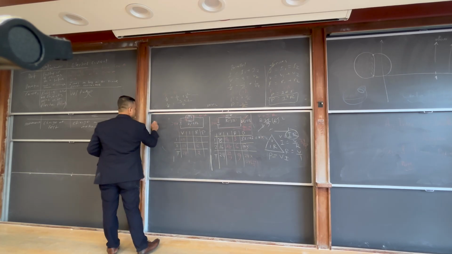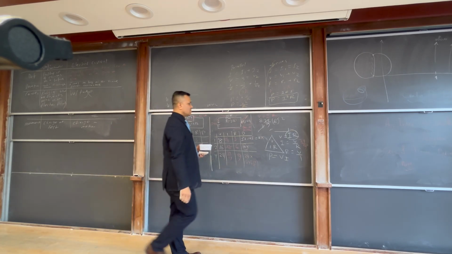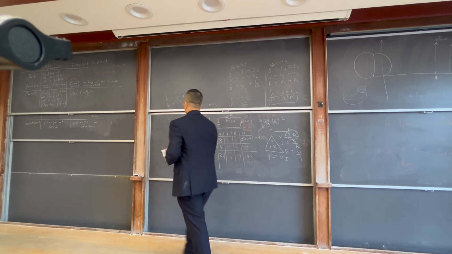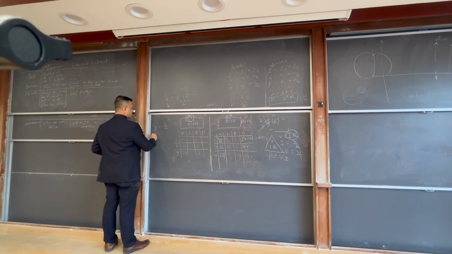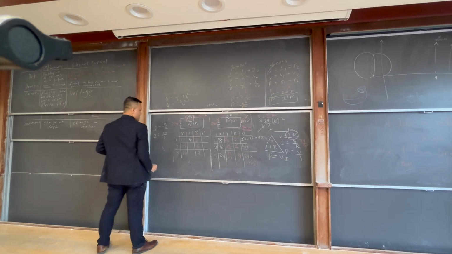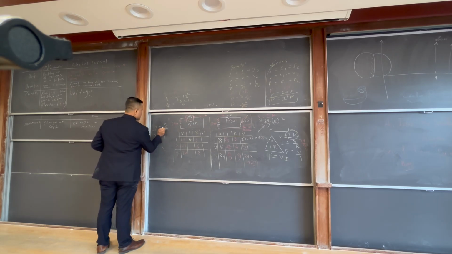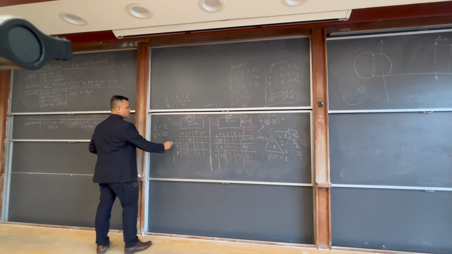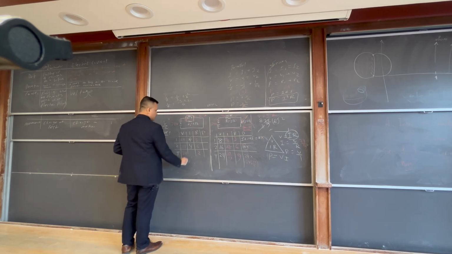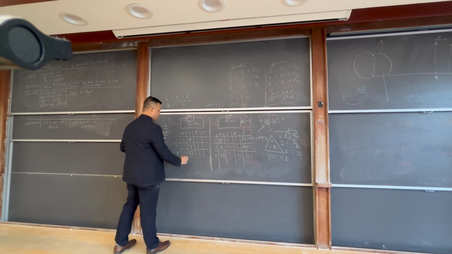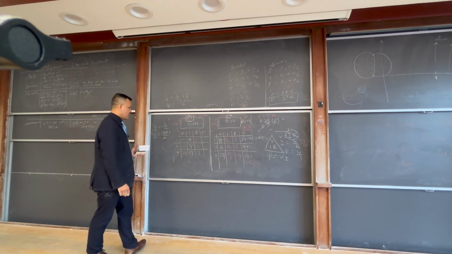The current is V over R. For the first bulb, V is 24 and R is 3, so it's 8. For the second, 24 over 6 is 4. So the total current is 12.